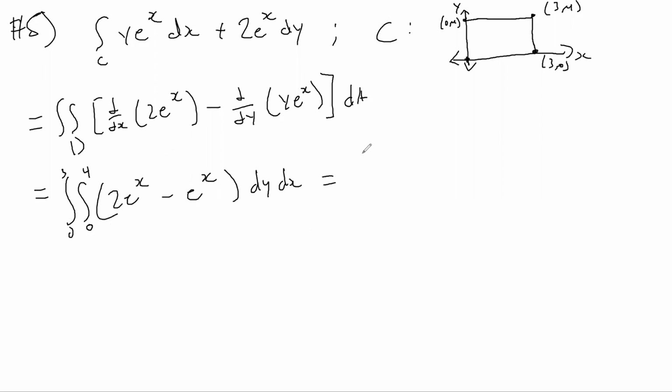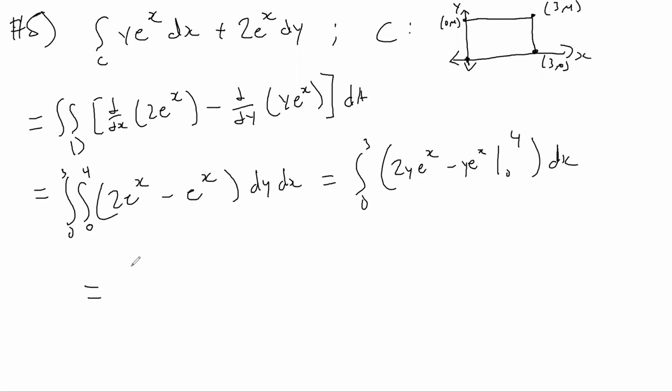Okay, so we have 0 to 3 for x. Now we're going to get 2y e to the x minus y e to the x, going from 0 to 4, and then multiply by the dx.